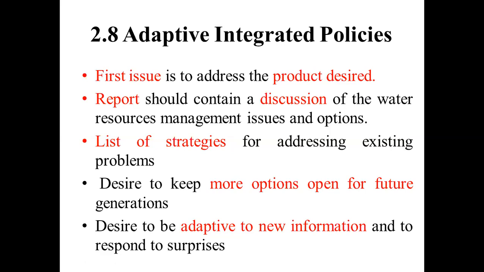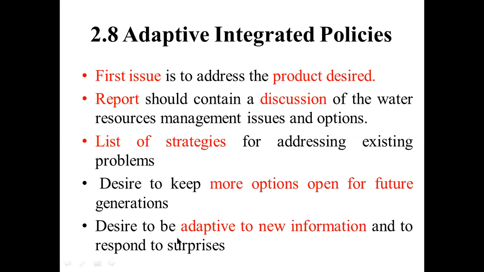The product should be desired and available throughout. To manifest this, a report is made for discussion on how to maintain and manage water resources issues, whatever the issues and options available. Here a list of strategies is made, and the main important thing is that water should be planned for future use also. There should be many options, to keep it open for future generations and future use.